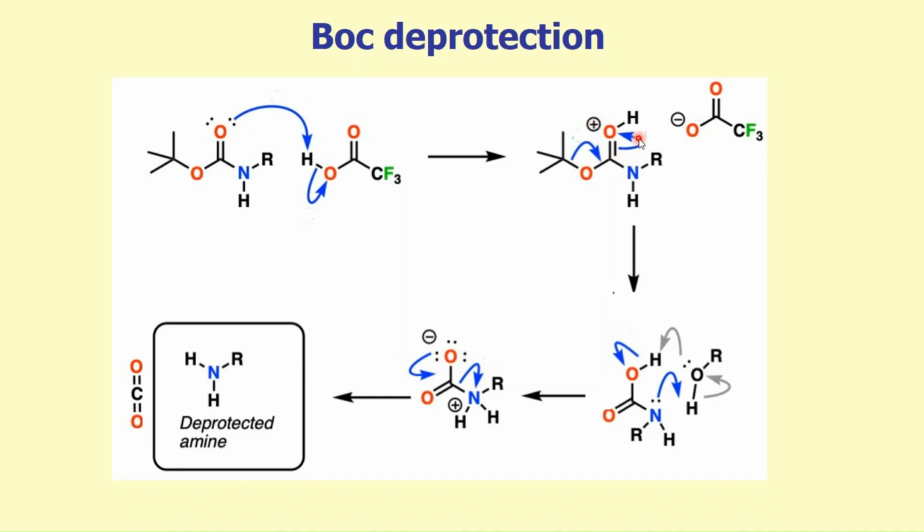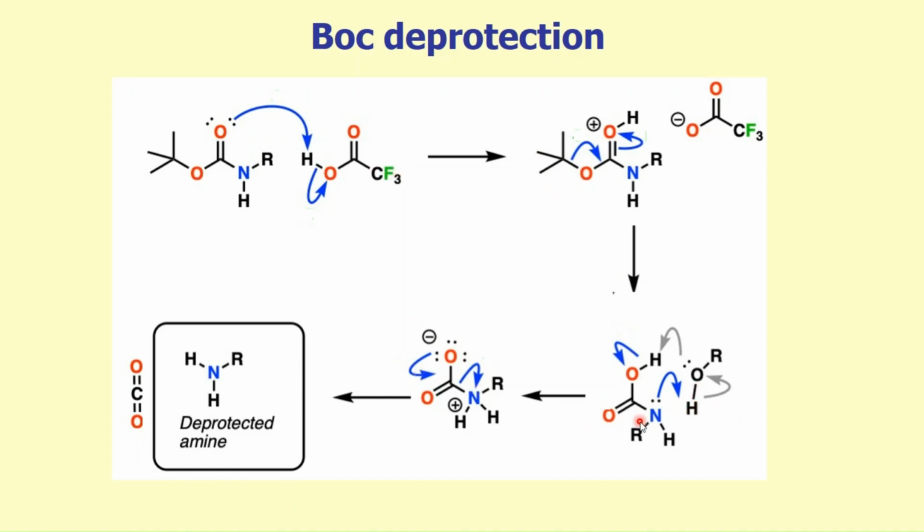The pi electrons move over here to satisfy the positive center, creating the positive center on the carbon. And to satisfy this positive center, the bond between the carbon and oxygen breaks and this forms double bond O and tertiary butyl group gets removed.